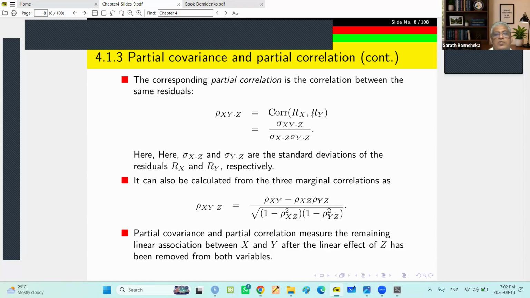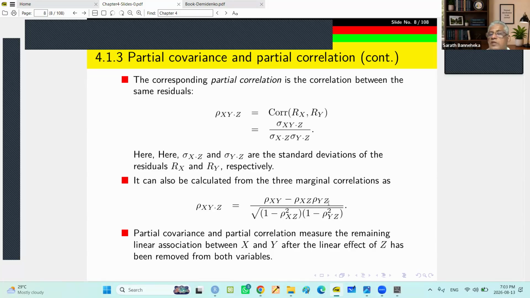We can show that this quantity can be written in terms of marginal correlations as well. The formula is rho xy dot z equal to rho xy minus rho xz times rho yz, divided by the square root of 1 minus rho squared xz times 1 minus rho squared yz. We can obtain that expression by substituting the expressions for these quantities, but I am not going to derive it here. We are just going to accept it as a correct formula.